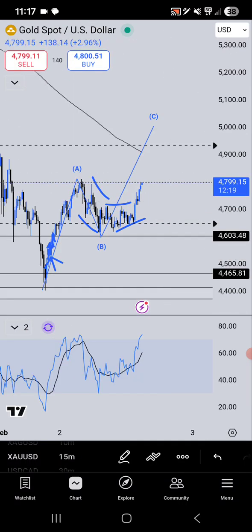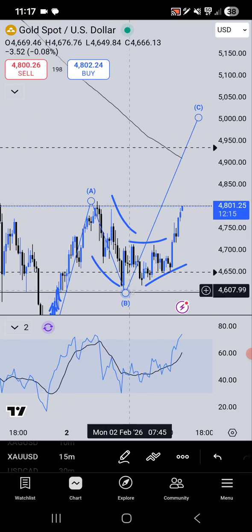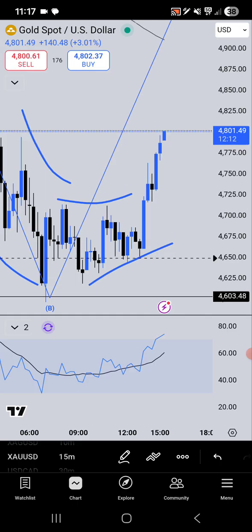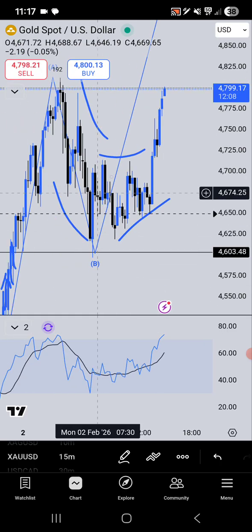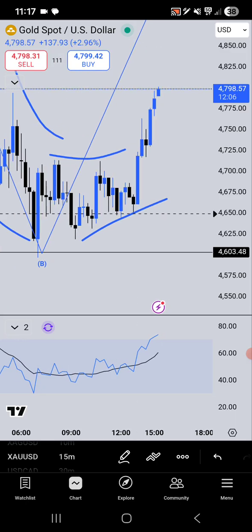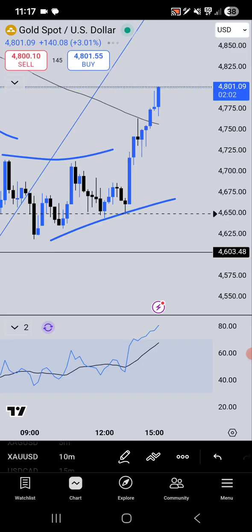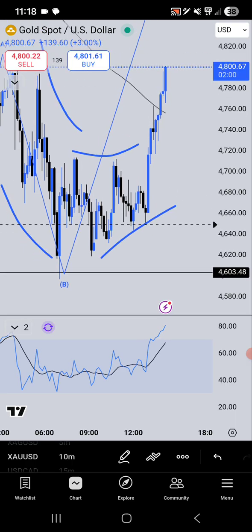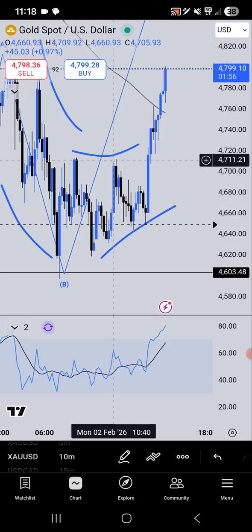So we've had the move up, we've 3-waved down, and then I was looking at this morning, when you got very bullish price action, what's called a contracting flat. That's when price contracts, obviously given the name, but price doesn't break that top.